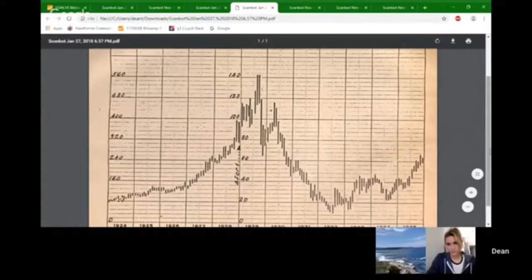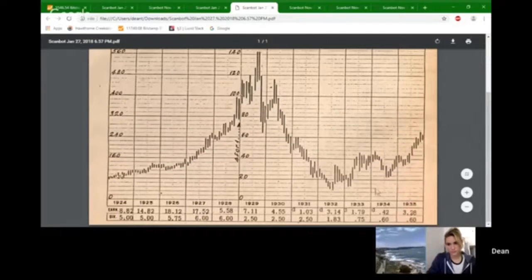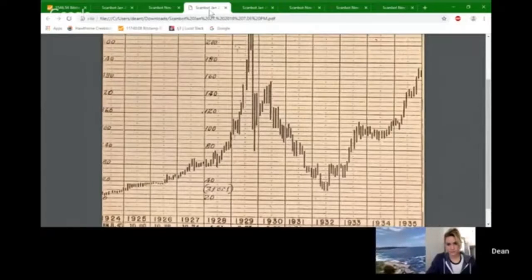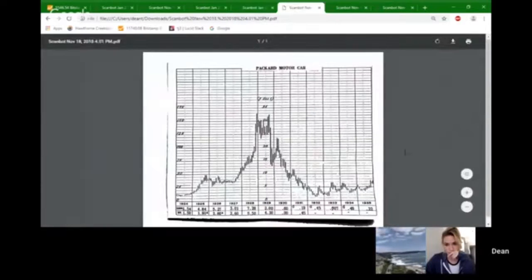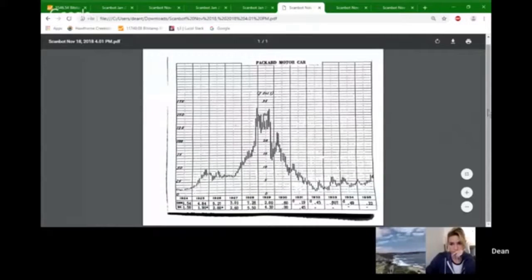Now this one starts up almost immediately. In the first year, it goes sideways, but then it starts up, pulls back, goes higher and higher and higher. Not nearly as powerful as this one, but it did start up right from the bottom. It didn't have to wait around like those first 2. This one I wanted to show because it's so unusual, because we have a double top.